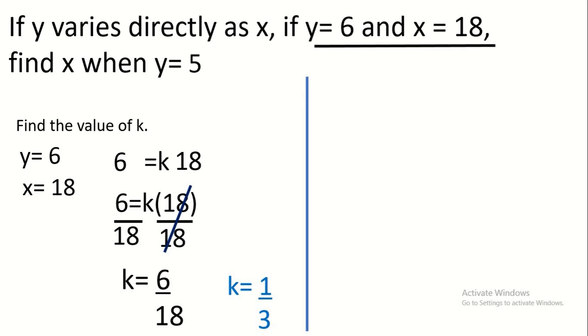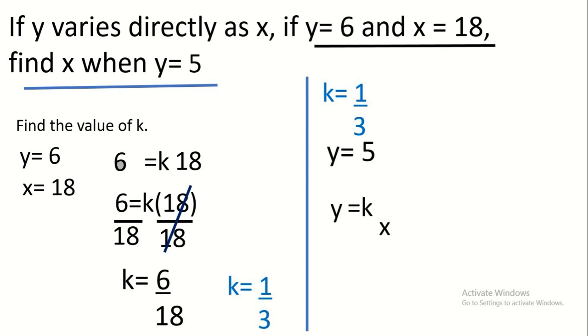Dito pa lang, kaya na nating isulat yung ating equation of variation, pero mamaya na yon. Kunin muna natin yung value ni x when y is 5. And remember, our k is 1/3. Okay, y is 5, so substitute lang din natin. y is 5, k is 1/3, x.